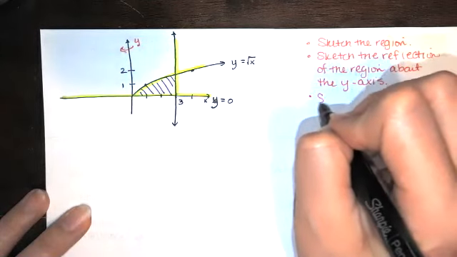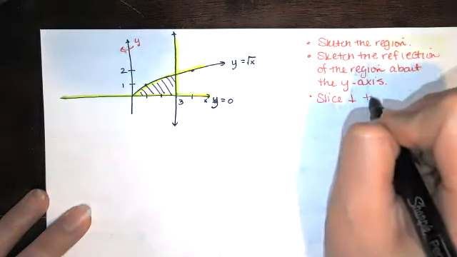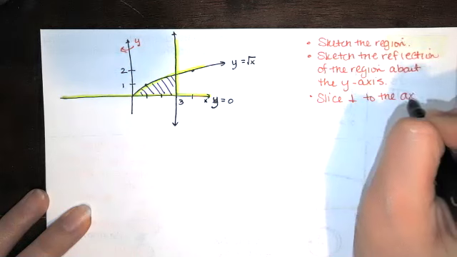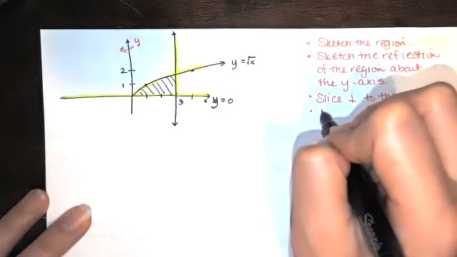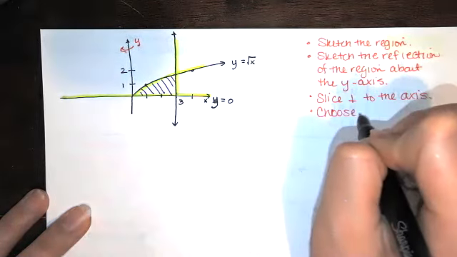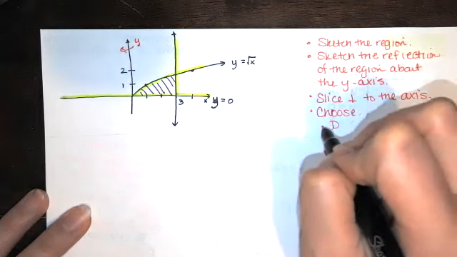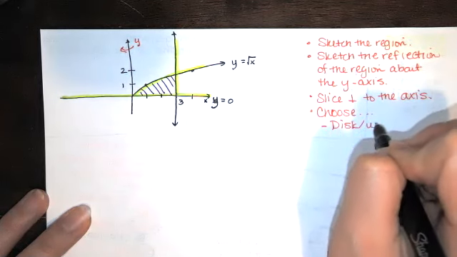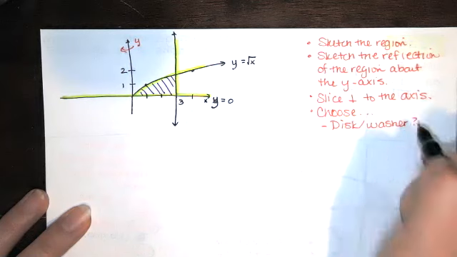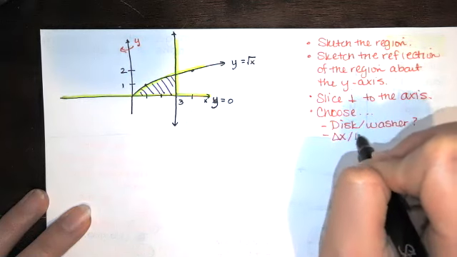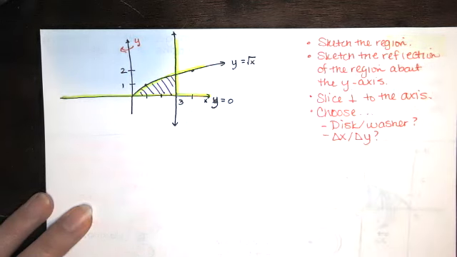And then after we do that, we're going to slice perpendicular to the axis and then make some decisions. We're going to choose between the disc or washer methods and whether we're integrating with respect to x or with respect to y.